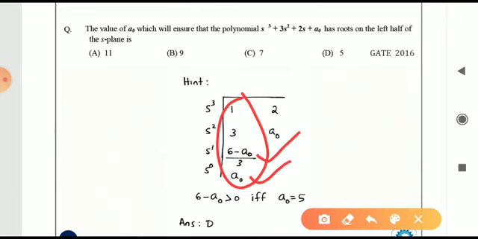Then only all the roots will be on LHS of S plane. That is, A0 should be a positive value. Now 6 minus A0 should be greater than 0 only if A0 is less than 6. As per the given options, the apt answer is A0 equal to 5. That is, answer is D.